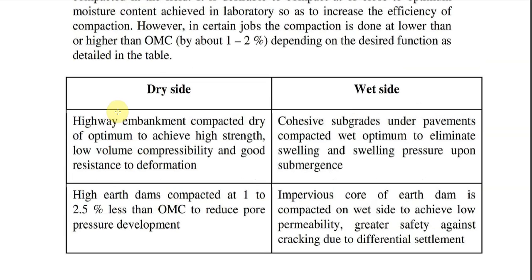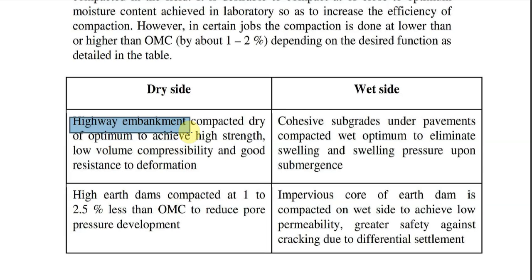What is done in the field. I'll take first example. Okay, highway embankment. Now, when we are compacting highway embankment, the water content that is maintained in the soil is less than OMC.